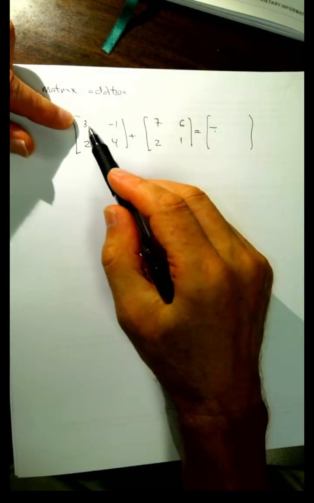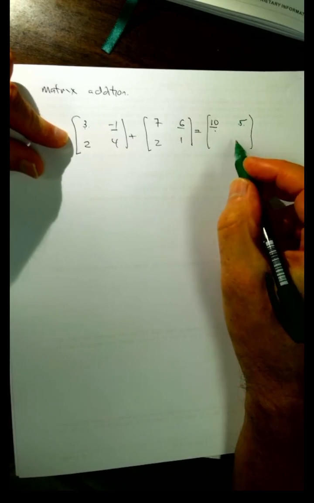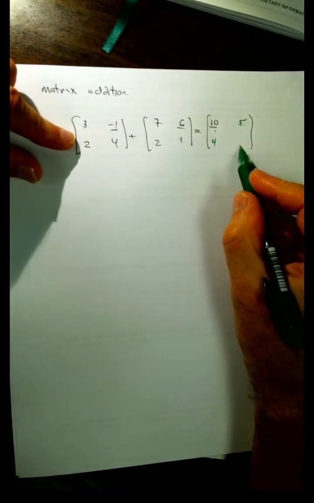So for the first row, first column, I'm just going to add: 3 plus 7 is 10. For the first row, second column, minus 1 plus 6 is 5. For the second row, first column, 2 plus 2 is 4. And the second row, second column is going to be 4 plus 1 is 5.